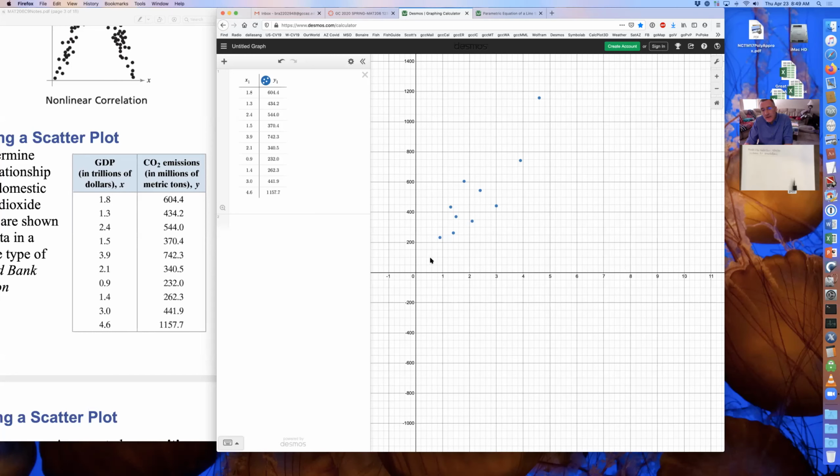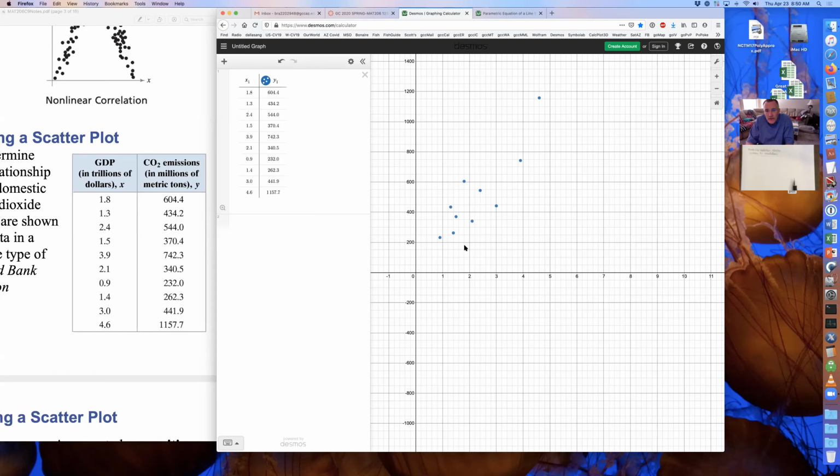Now, the next thing that we're going to do is look at this data, and we're going to say, does there appear to be a relationship between x and y? And the two that we're most concerned about is, as x goes up, does y go up? As x goes up, does y go down? And does it appear to be following a line or maybe some other shape? And so that's for you to decide, right? You look at it, you say, well, it kind of looks like as x goes up, the y's go up.